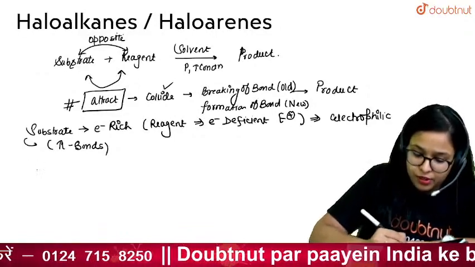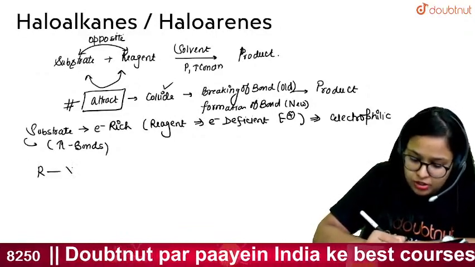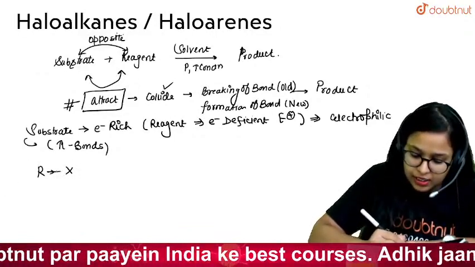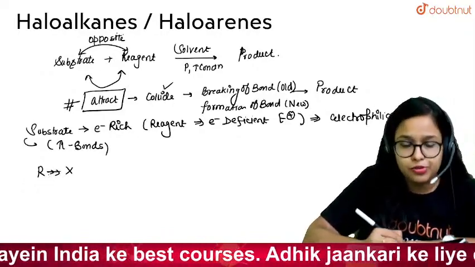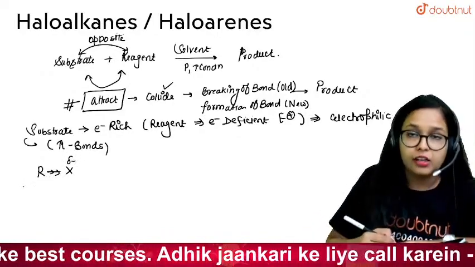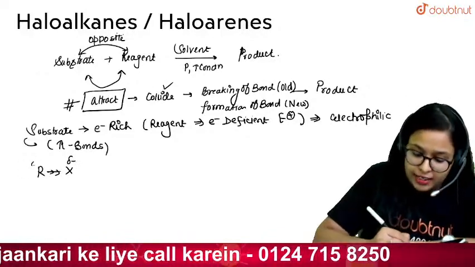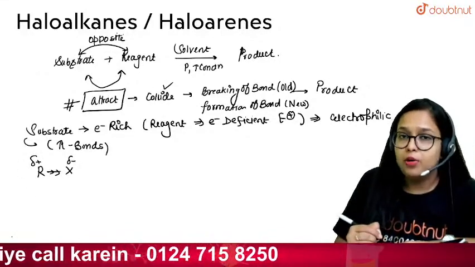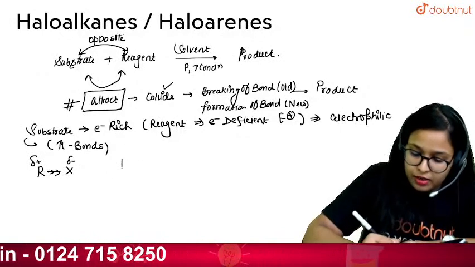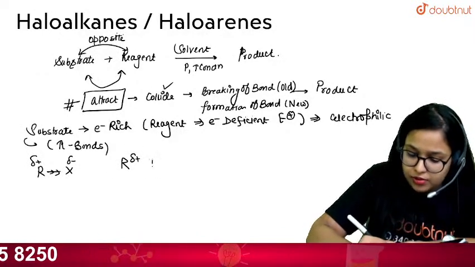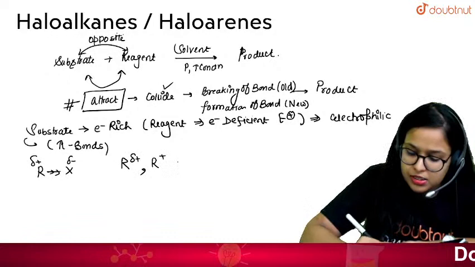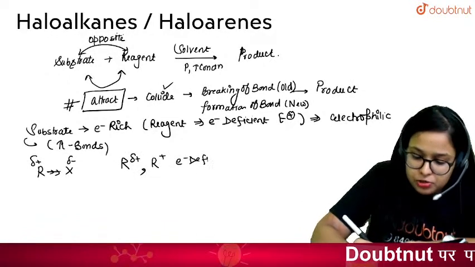But in the case of haloalkanes, since halogen is electronegative, it pulls the electrons of the carbon-halogen bond towards itself via inductive effect and develops delta negative charge on X, and delta positive charge on R. Whenever you have R delta positive, that means it is an electron deficient substrate.